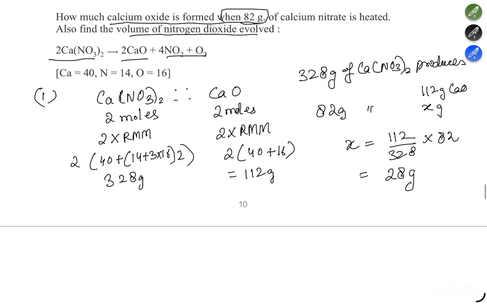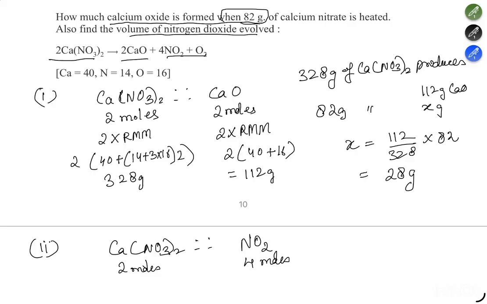Now the second part is the volume of nitrogen dioxide evolved. Again we will refer to the reactant and the volume of the gas. Here the ratio will be compared between calcium nitrate and nitrogen dioxide. If we see the stoichiometric ratio, 2 moles of this produces 4 moles of nitrogen dioxide.